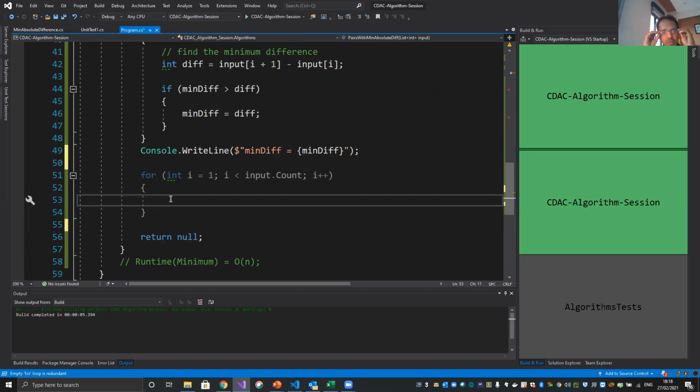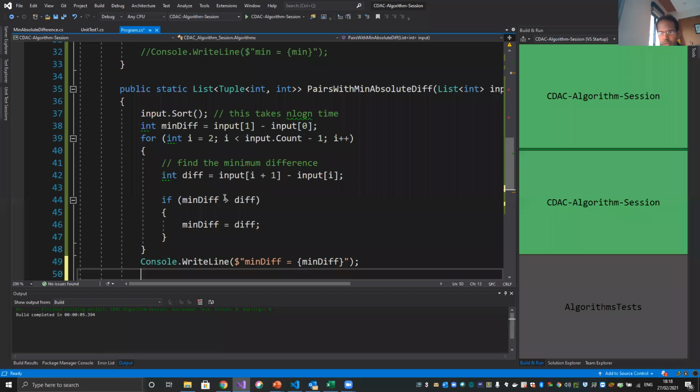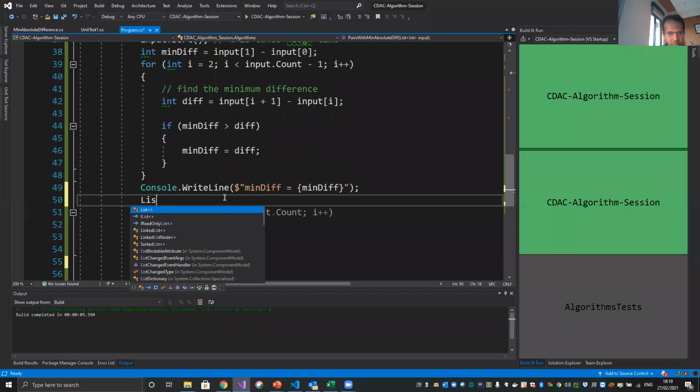So now I want to just create this list of tuples, and I just want to populate it, right?